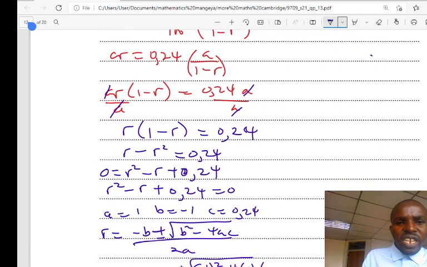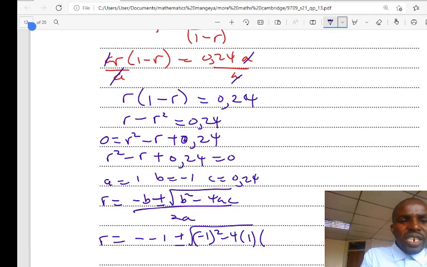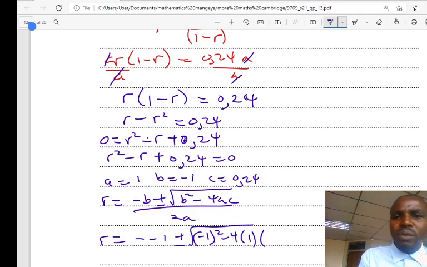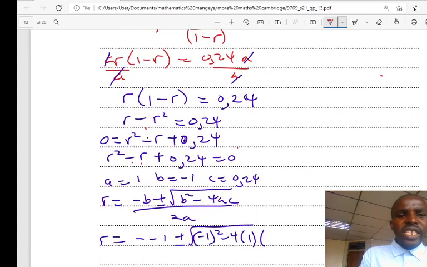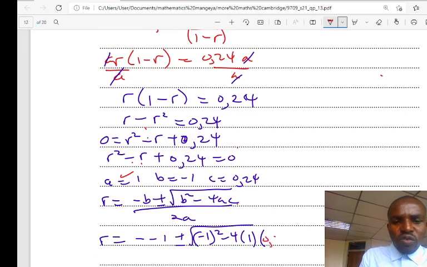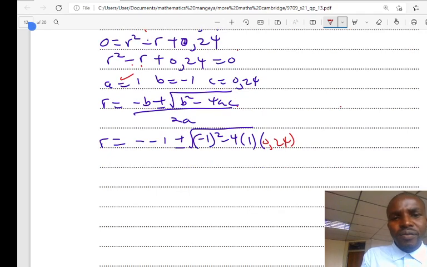So it is r squared, then minus r, then plus 0.24. So b squared minus 4ac, your a is actually 1 here, 4 times 1 times c, which is 0.24. So there's no error.